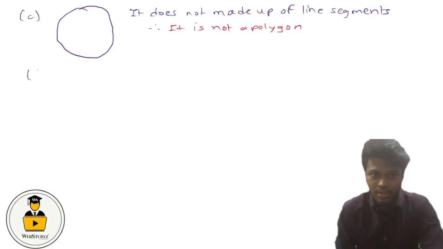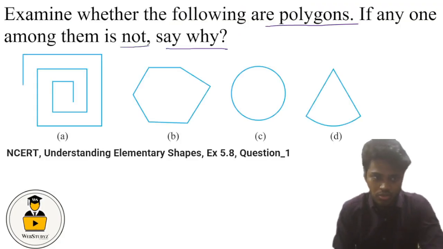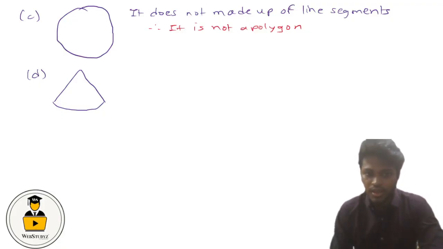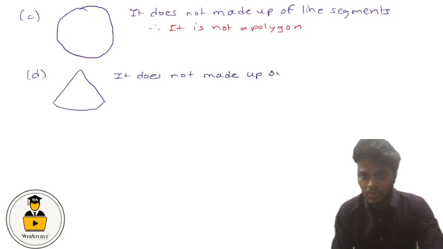Now let us consider the last figure. The last figure is a cone. We can see that it satisfies the first condition, that it does not cross itself. It also satisfies the second condition, that it is a closed figure, but it does not satisfy the third condition, that it is made up of line segments.